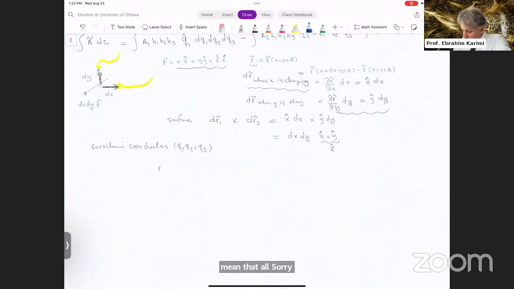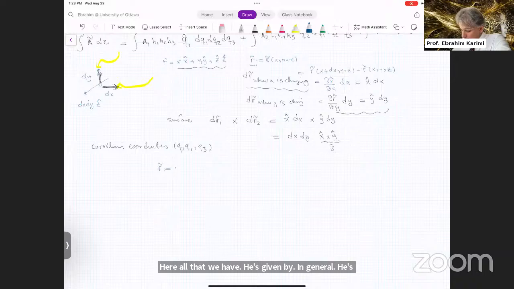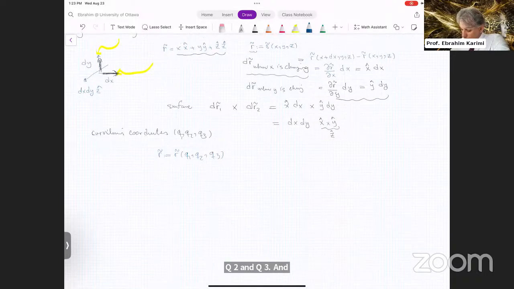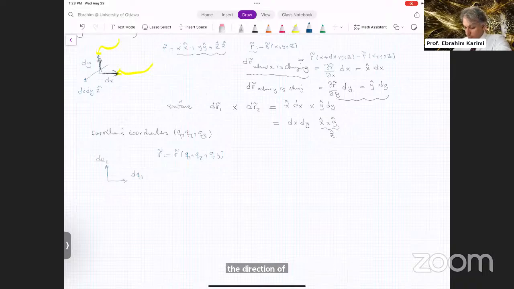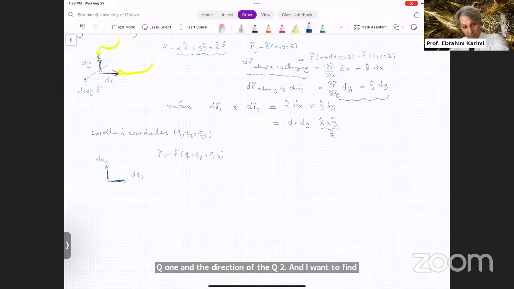Here R is given, in general, by a function of Q1, Q2, and Q3. Then I will change in the direction of Q1 and the direction of Q2, and I want to find out what is going on with the length here and there.